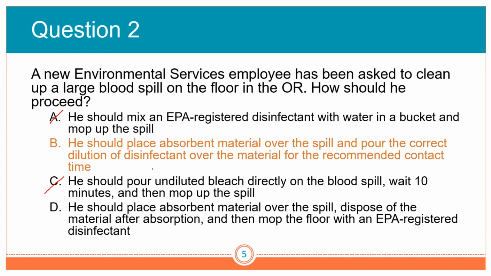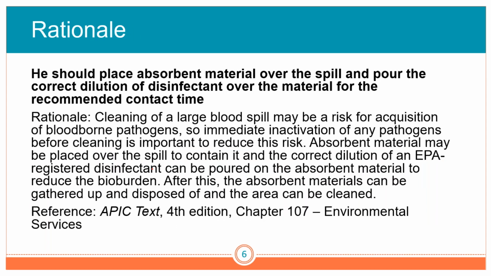All right, so the correct answer is B. He should place absorbent material over the spill and pour the correct dilution of disinfectant over the material for the recommended contact time. What is the rationale? Cleaning of a large blood spill may be a risk for acquisition of bloodborne pathogens. So immediate inactivation of any pathogens before cleaning is important to reduce this risk.